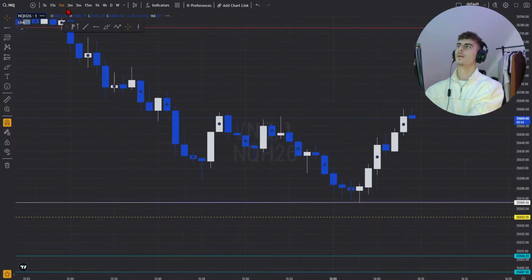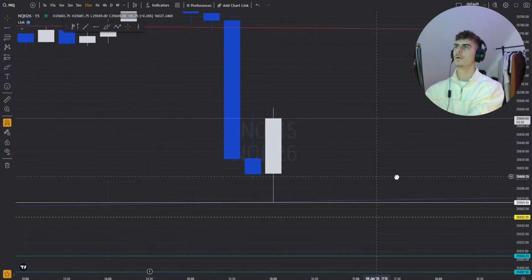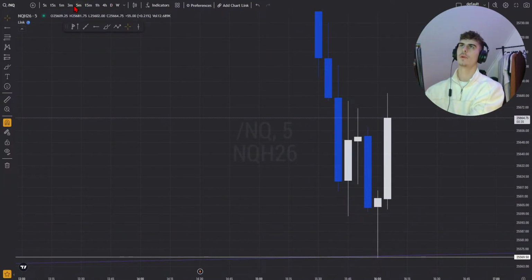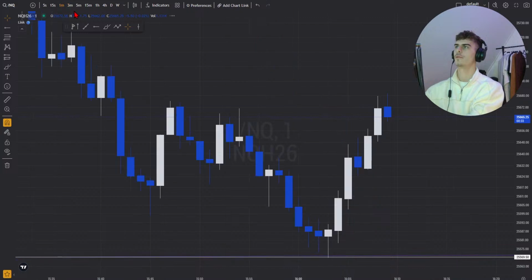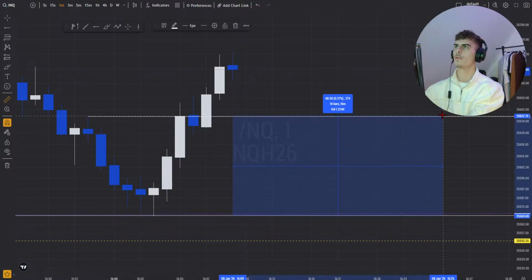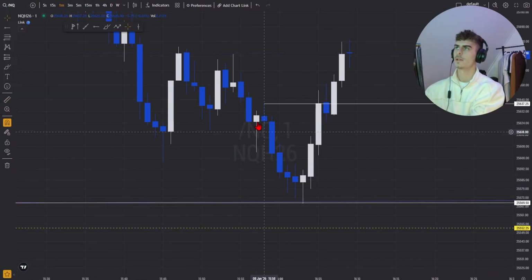We're hitting a 3-minute, 5-minute. We're hitting breaks, we're breaking all of this. Gaining our first value, so I can take a long off that, but the stop loss is gonna be very wide. Yeah, this is too wide.